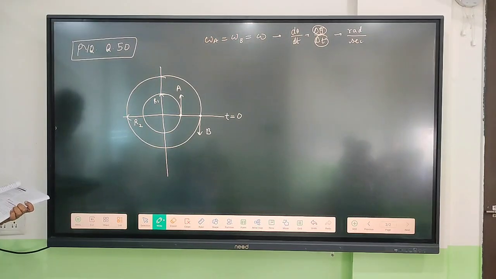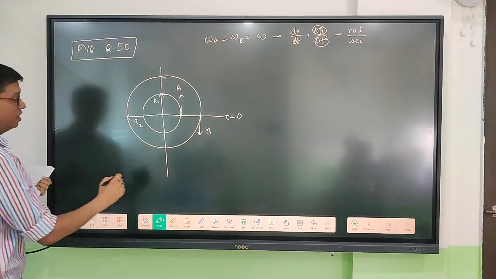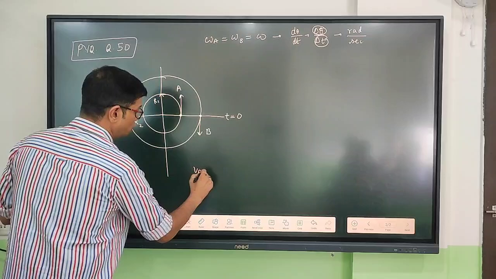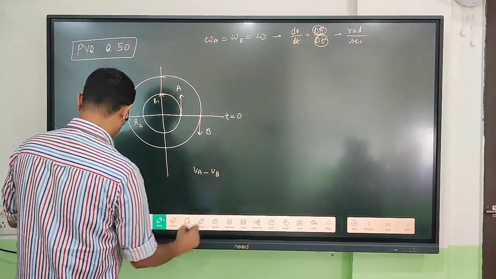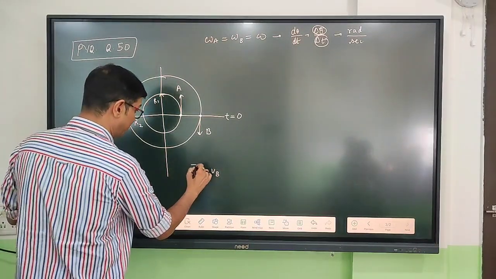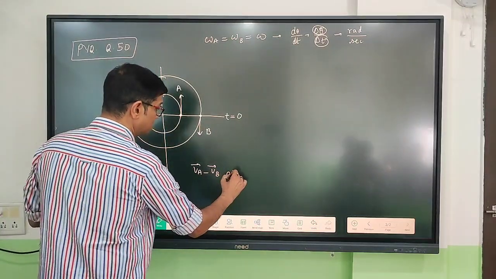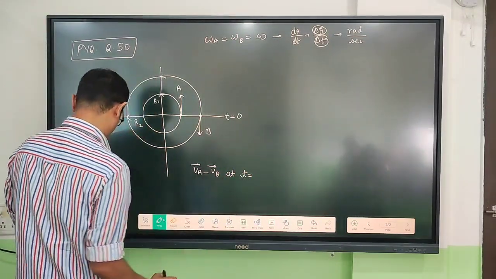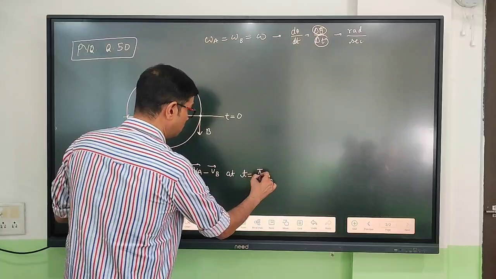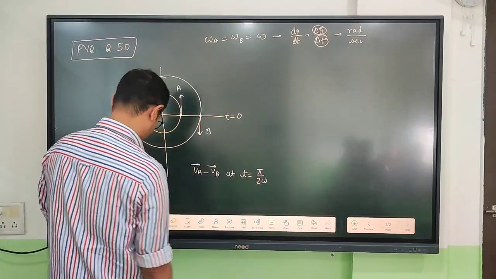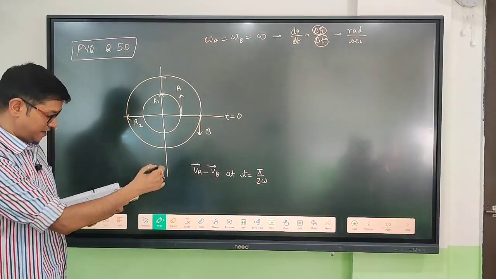The relative velocity Va minus Vb, they are asking you vector Va minus vector Vb at t equal to pi upon 2 omega.